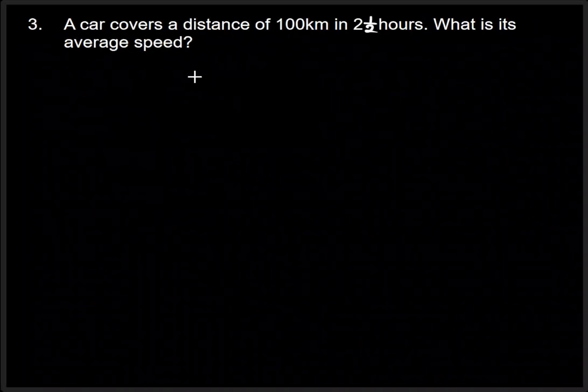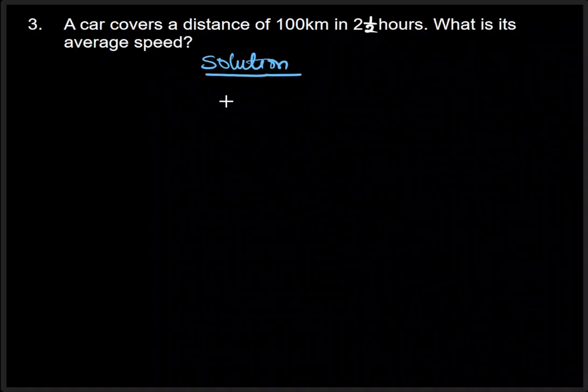We move to number 3. A car covers a distance of 100 kilometers in 2.5 hours. What is its average speed?